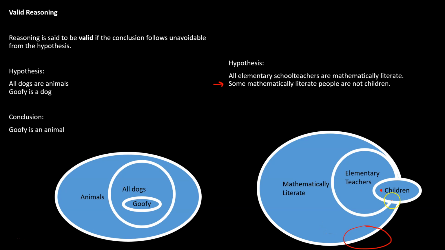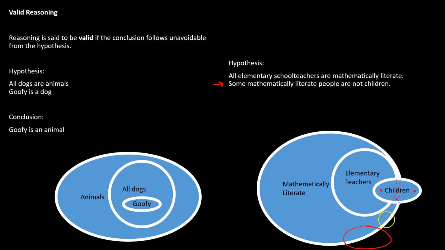If I put a dot between these two, right here, this would be a child that is not an elementary school teacher, but that is mathematically literate. Or I could have a dot out here where it's a child, not an elementary school teacher, not mathematically literate.